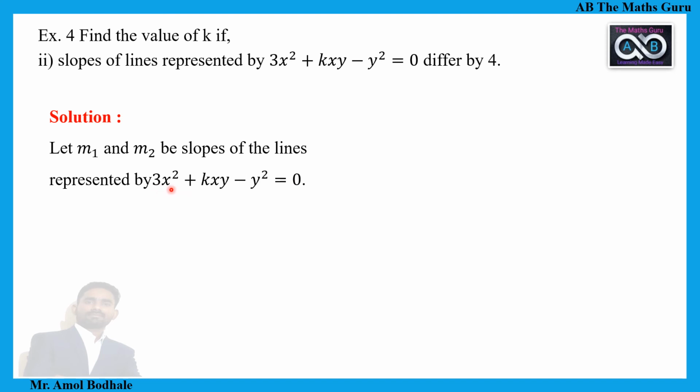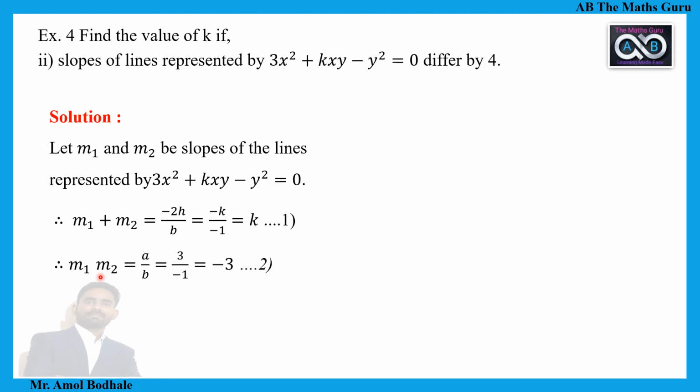We will compare this equation with the standard equation. We get a as 3, 2h is k and b is minus 1. As we know, m1 plus m2 is minus 2h upon b, which is minus k upon minus 1, which is k, and m1 into m2 is a upon b, which is 3 upon minus 1, that is minus 3.